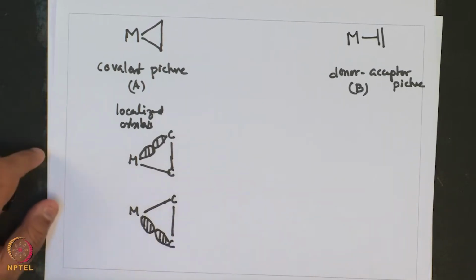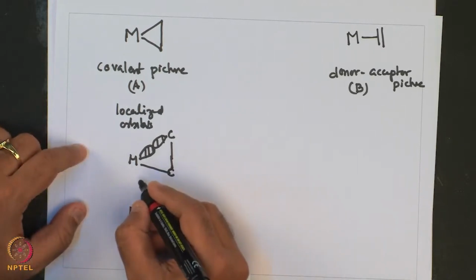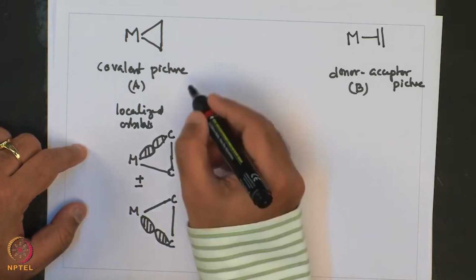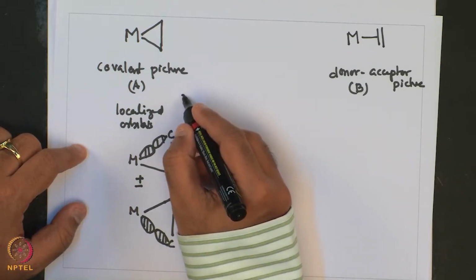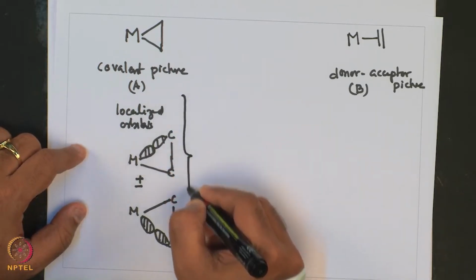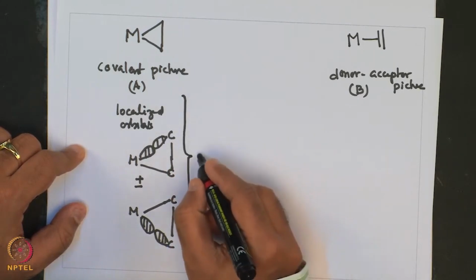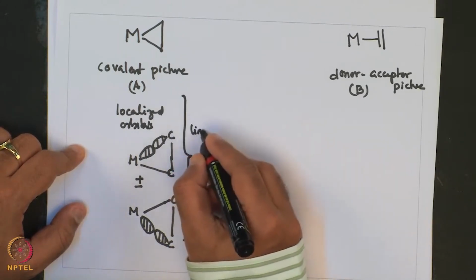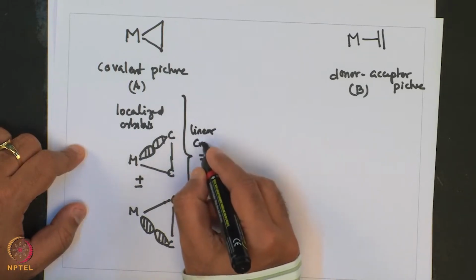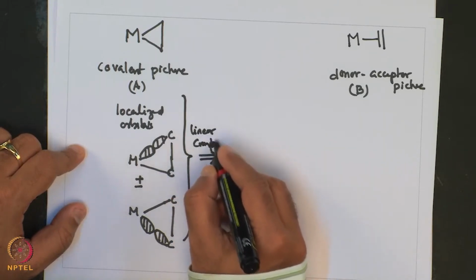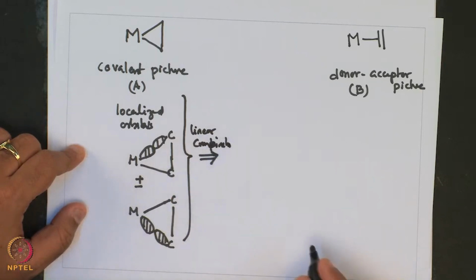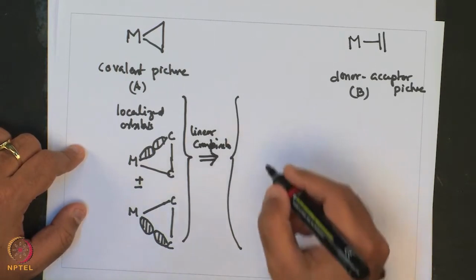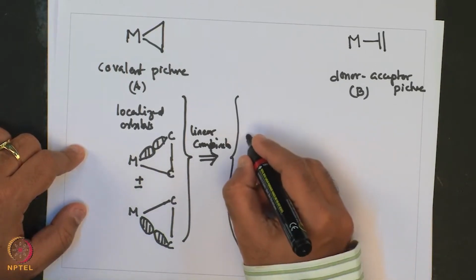So these two can undergo linear combination to give the following two types of bonds.